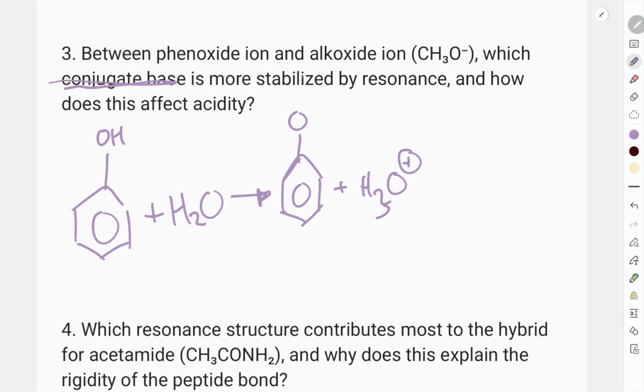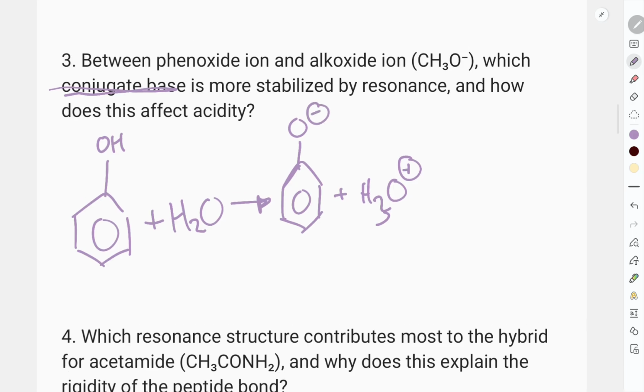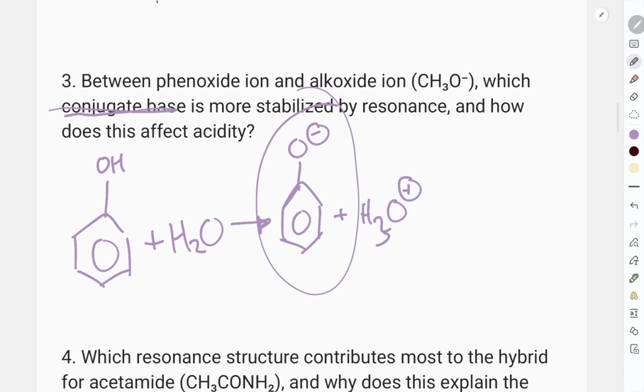Okay. So remember that benzene rings are extremely stable. So I would guess that this one would be an extremely stable conjugate base. Now, if your conjugate base is very stable, that would make the parent acid very strong. Now, if we look at alkoxide, we see that it's bonded to an oxygen and 3 hydrogens.